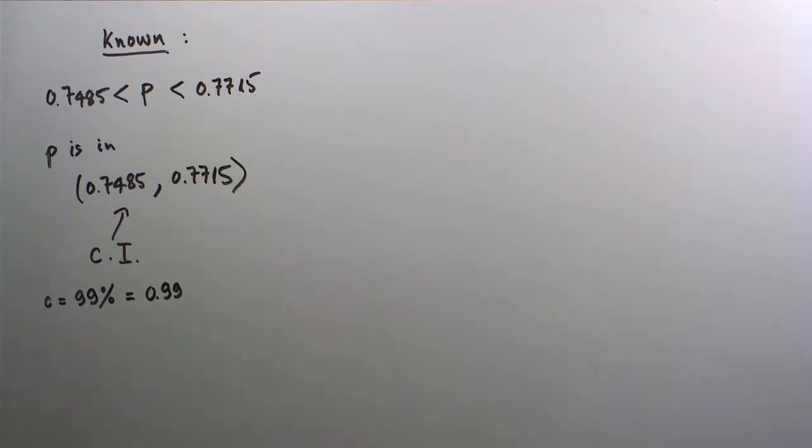Looking back on my screen again, the question is actually asking how large must the sample be. So we are trying to find out how big that capital N, the sample size, needs to be.